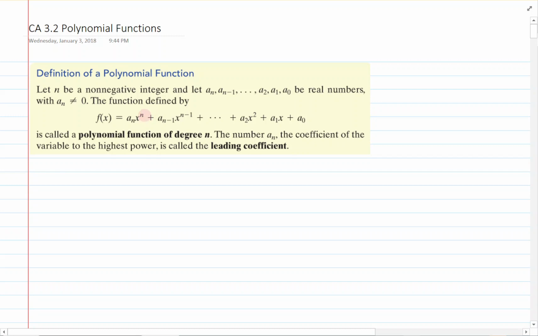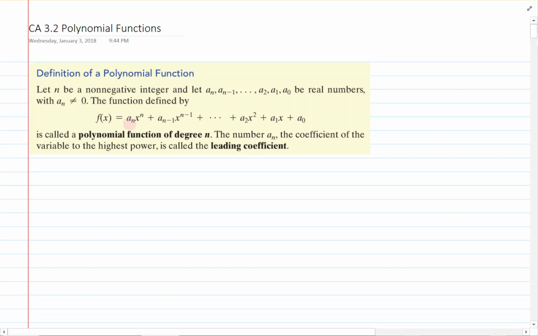They cannot be fractions because that would cause you to take roots of the x's. Other than that, this is a polynomial on the right-hand side, and it looks very much like the expressions that we factored earlier in the course.